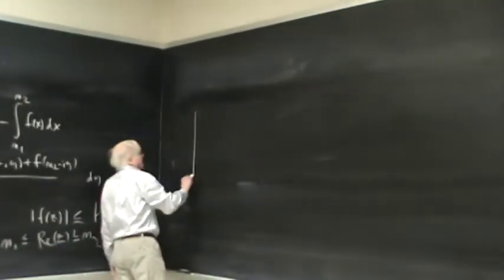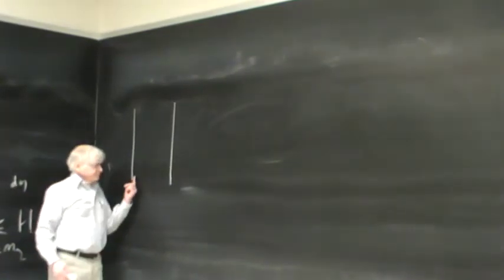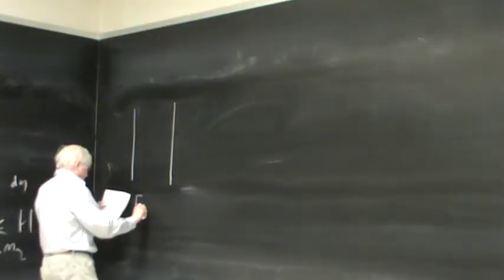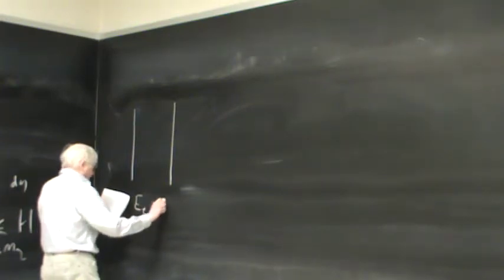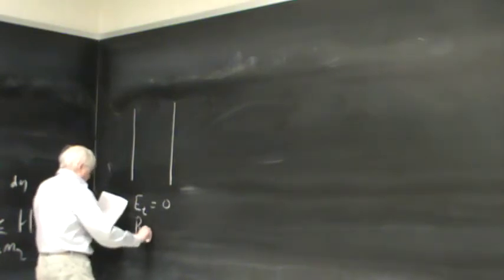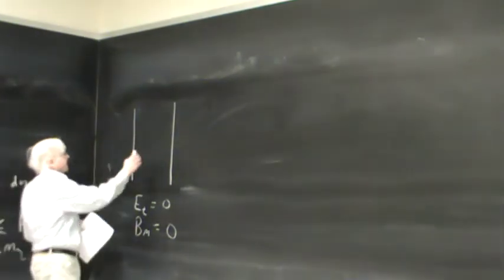We've got these two plates, and there are boundary conditions that the electromagnetic field will satisfy on these plates, namely E tangential is going to be 0, and B normal is going to be 0 on the surface of the plates.